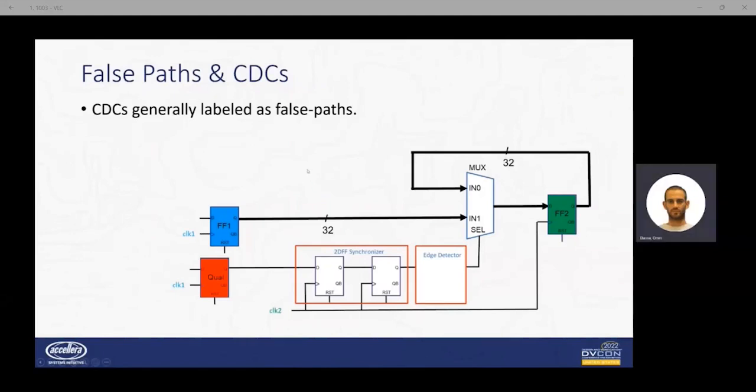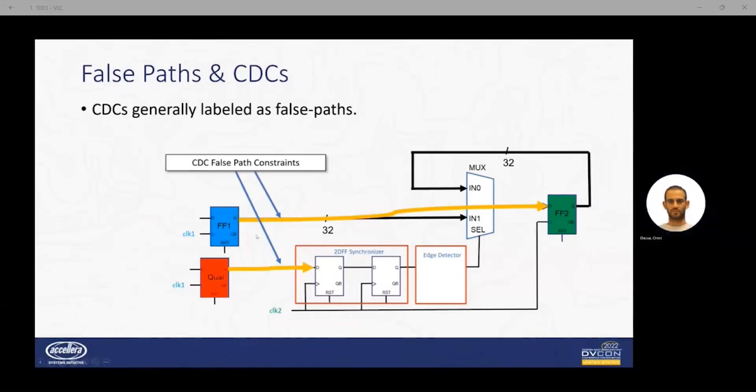For example, in the bus synchronization scheme, you can see that the path between flip-flop number 1 and flip-flop number 2 is considered a false path, since it's an asynchronous path. The other path considered a false path is between the qualifier and the entrance of the synchronizer in the bus synchronization scheme. Both are async paths and considered false paths.